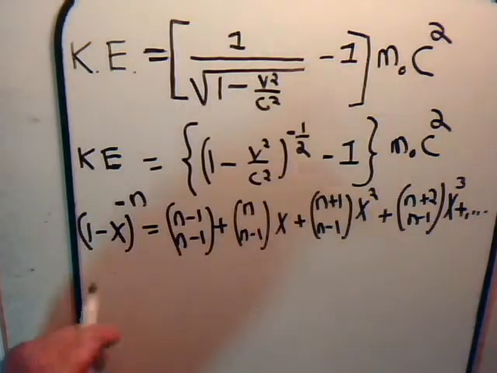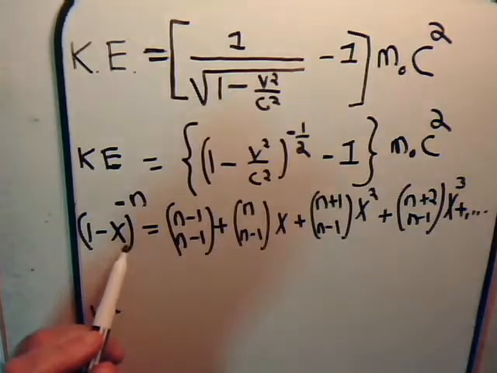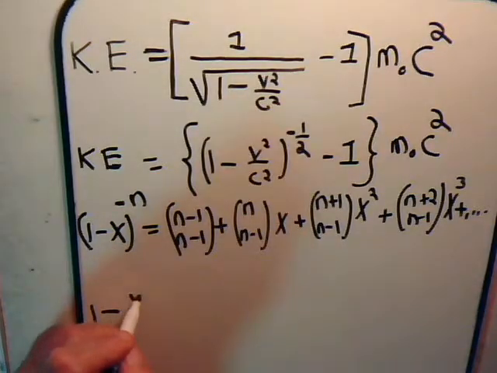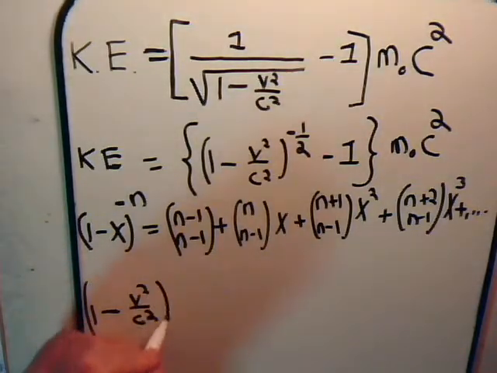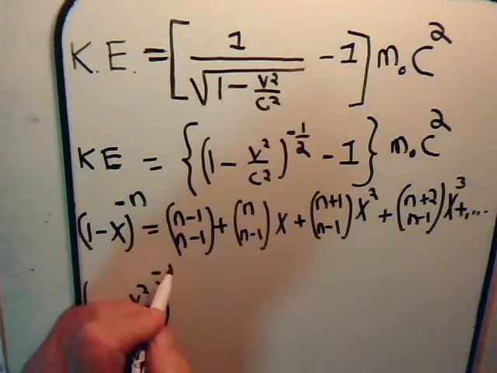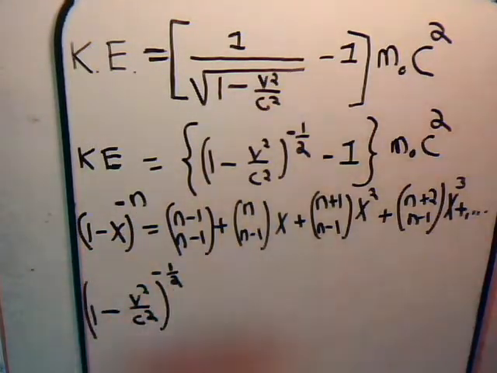So here we have that 1 minus x is going to be v squared over c squared to the minus n, where n equals 1/2.